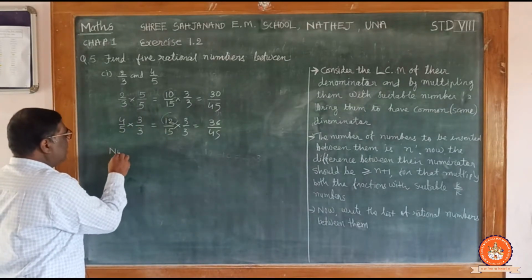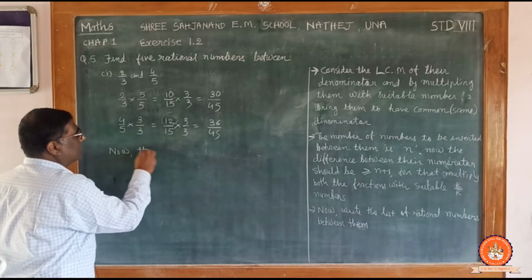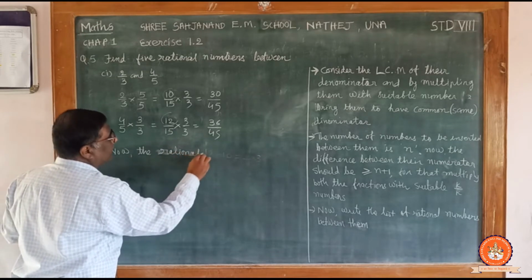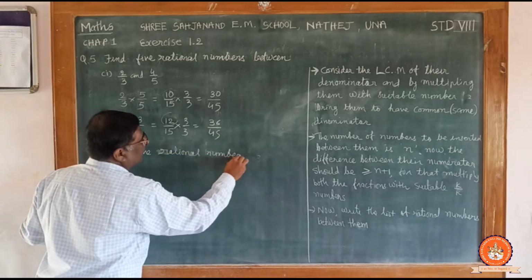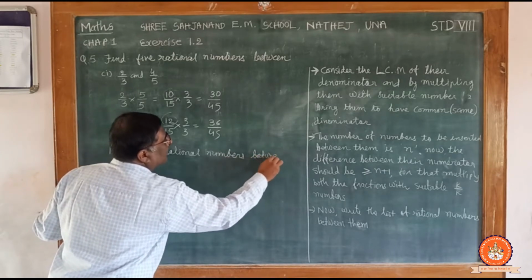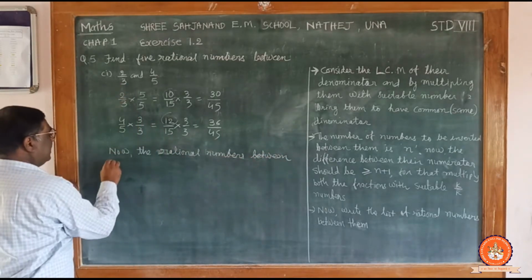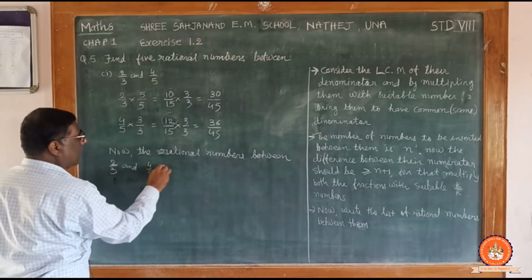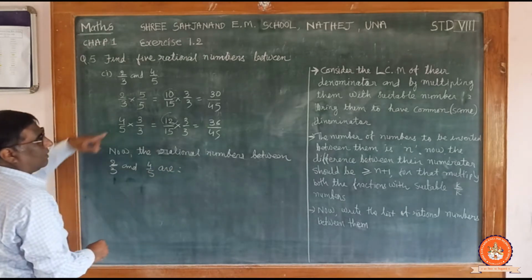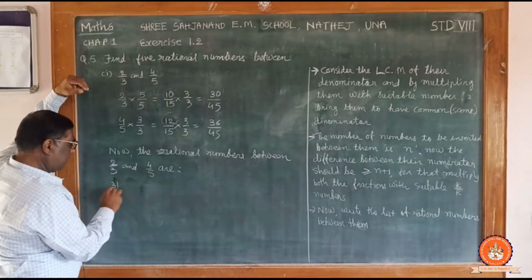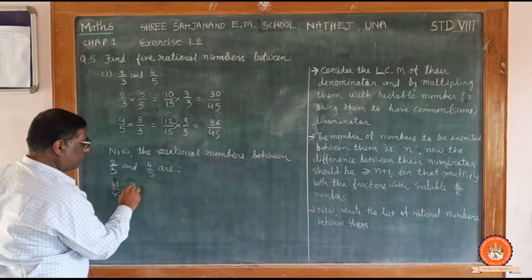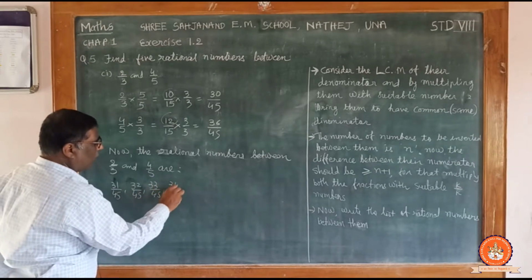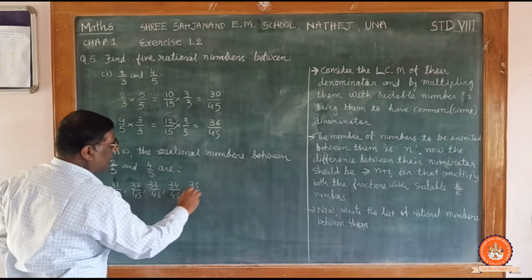Now the rational numbers between 2 by 3 and 4 by 5 are, start writing, 31 upon 45, 32 upon 45, 33 upon 45, 34 upon 45 and 35 upon 45.